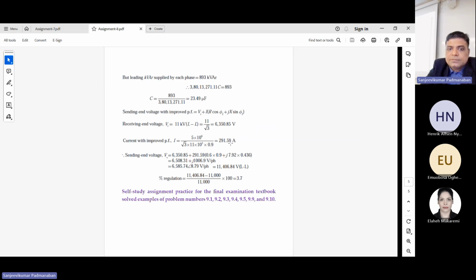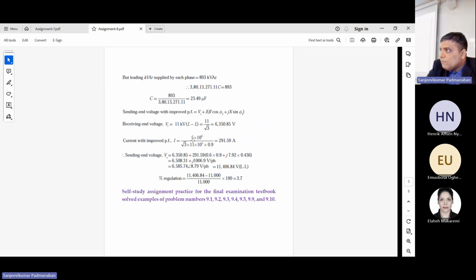Substitute and find it. So we are calculating the current at 0.9 power factor.